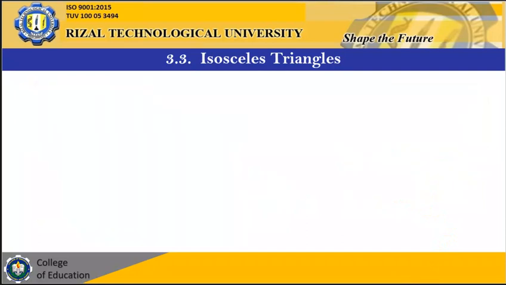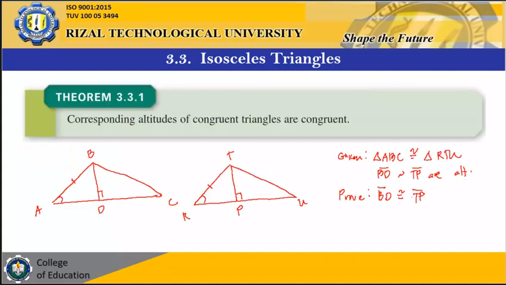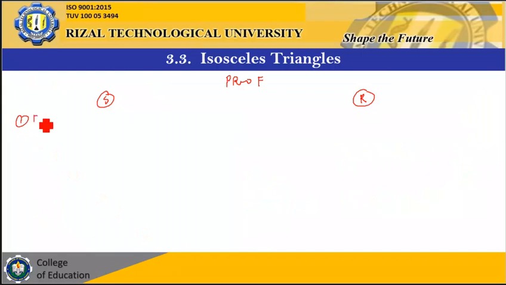Let's have our proof. Let's have our statements and our reasons. Okay, for number 1, we know that we can get something from the second given, which is segment BD and segment TP are altitudes. That is given.